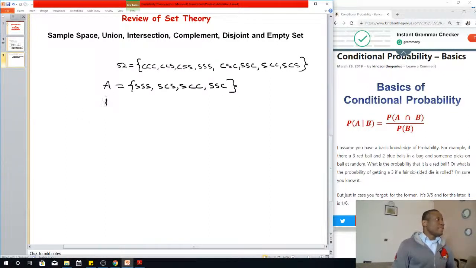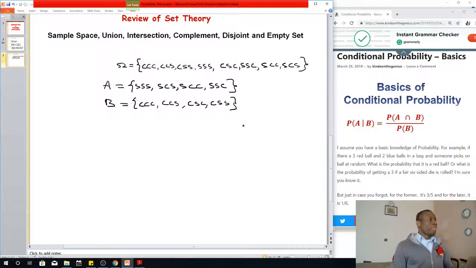And let's say that B is equal to CCC, CCS, CSC, and CSS.